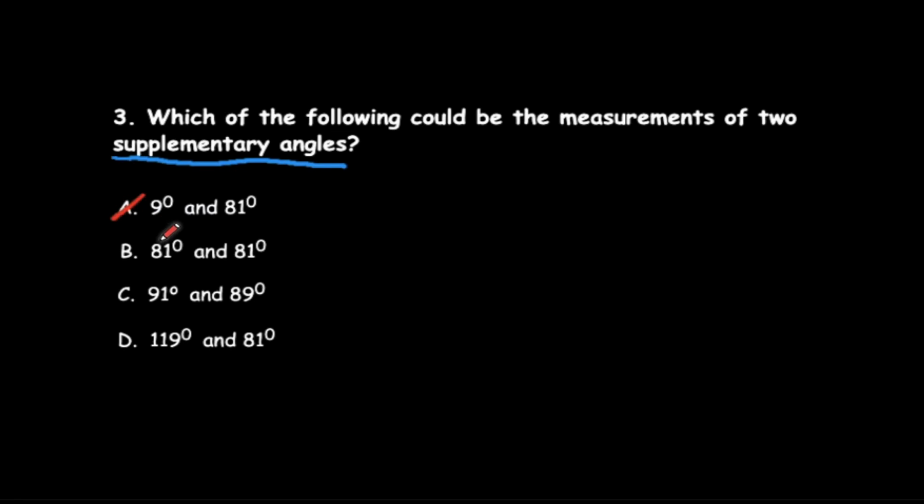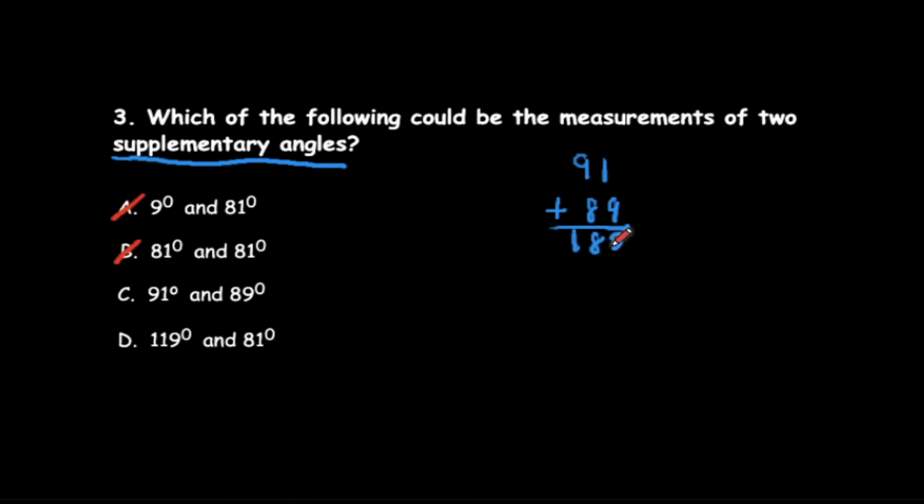What about 81 degrees and 81 degrees? That's 162 degrees. That doesn't match the description. And we have answer choice C, 91 degrees and 89 degrees. Let's add those two values together. 91 plus 89, that's 180 degrees.